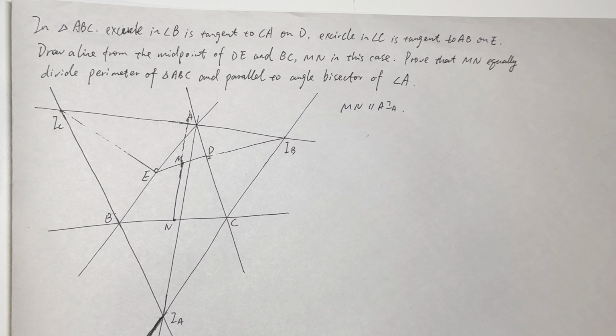That means we can do a lot of calculation on the lengths of the segments and figure out the relation between two lines. Maybe they're parallel, maybe they're perpendicular to each other. Okay, anyway, let's do that.